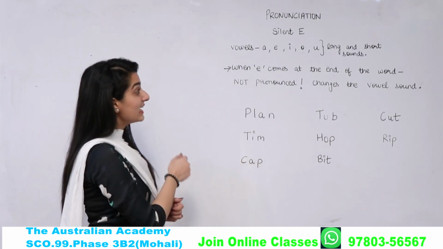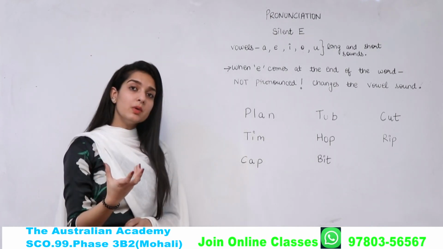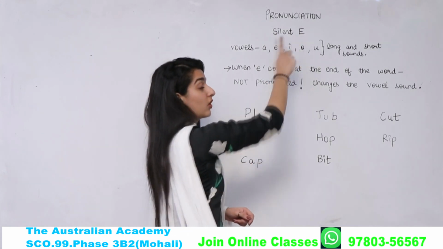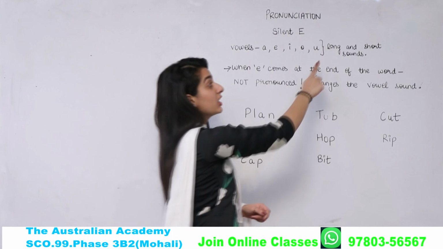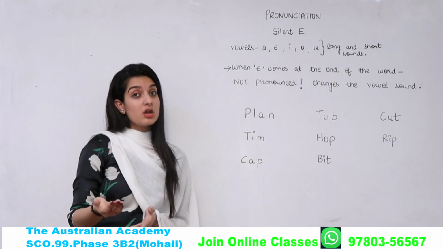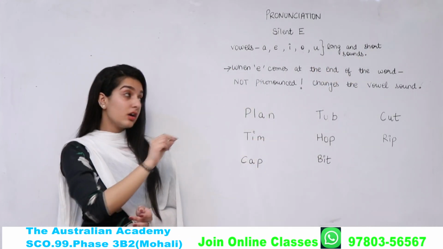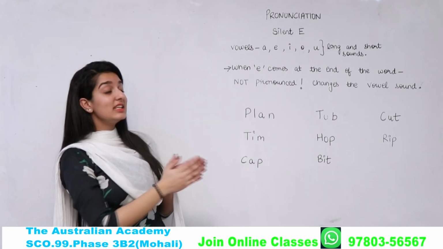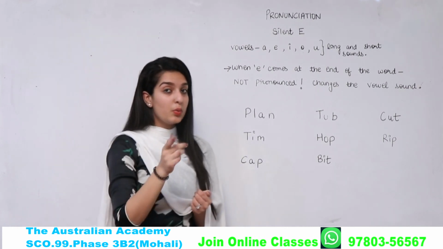They are A, E, I, O and U. Whenever in a word you have these vowels, the letter E when added extra to the word is going to make the short sounds of these vowels long. This means that whenever the alphabet E is added, the previous vowel's sound will be lengthier than it was before.